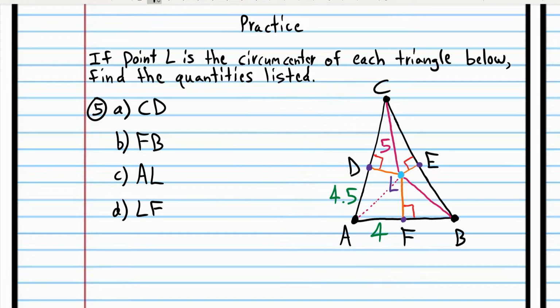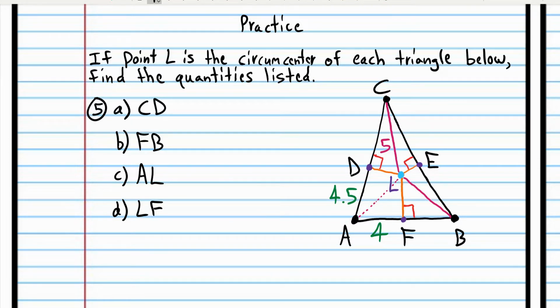If point L is the circumcenter, and we see that these angles are 90 degrees, then that means that these orange segments must be perpendicular bisectors. They must be perpendicular bisectors because they go through the circumcenter, and they're perpendicular to the side. So we don't have to give a formal proof of that. You can just kind of assume that those are perpendicular bisectors.